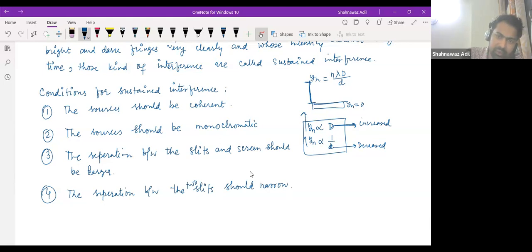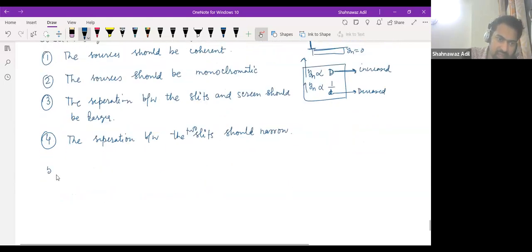And the fourth condition that you require is, let's say that you have this source, and this is your S1, and you are observing this thing here. So this has some lambda, and then this has some t, right? So this small s by this capital S should be smaller than lambda by 2. This is another condition, right? This is the wavelength of the source. This s is the separation between these slits. So this ratio should be smaller than lambda by 2.